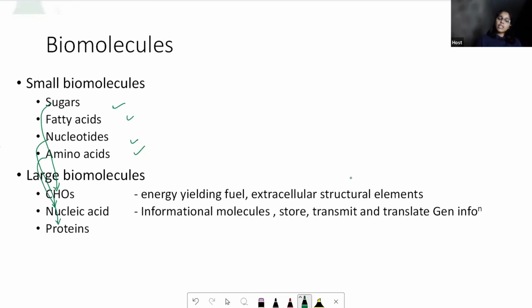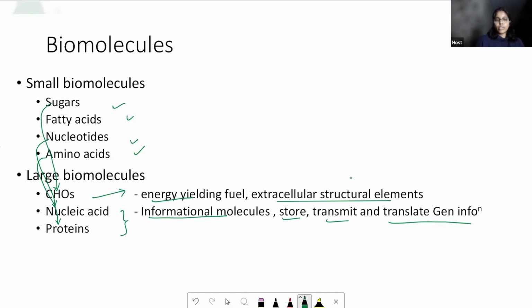These large biomolecules have functions in the living system: carbohydrates have an energy-yielding function and act as extracellular structural elements. Nucleic acids and proteins together act as informational molecules in storing, transmitting, and translating genetic information.